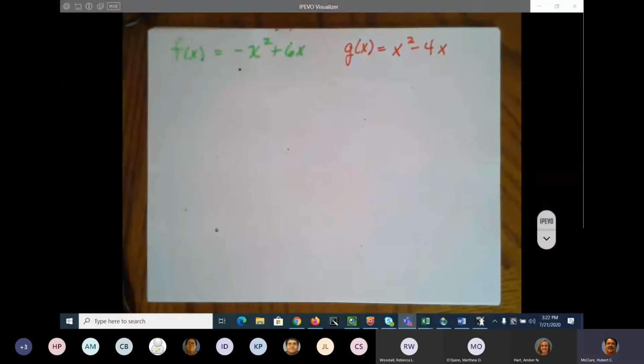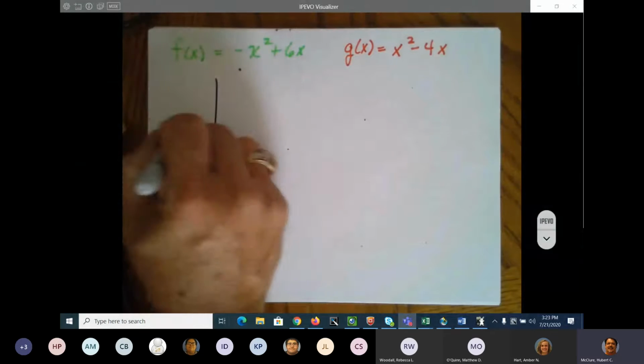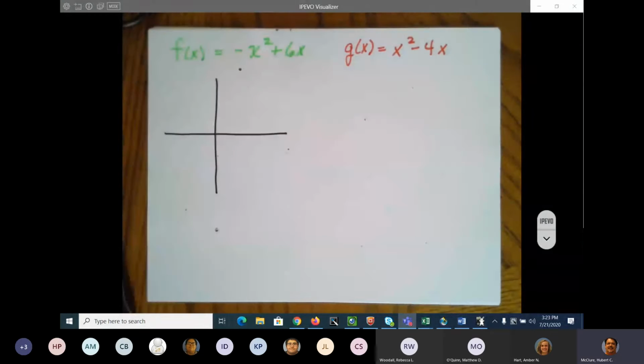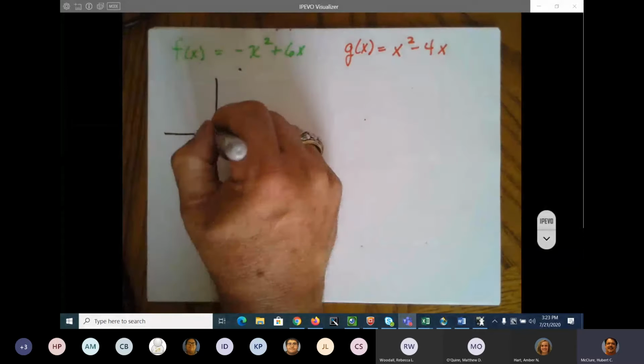So there's the two graphs, and I'll go ahead and show you what the graph looks like. It's not to scale or anything. I'm just going to go ahead and the orange is going to be going like this.